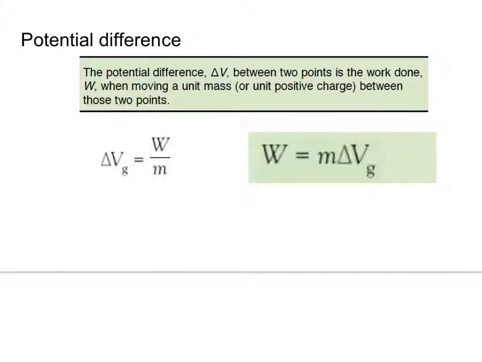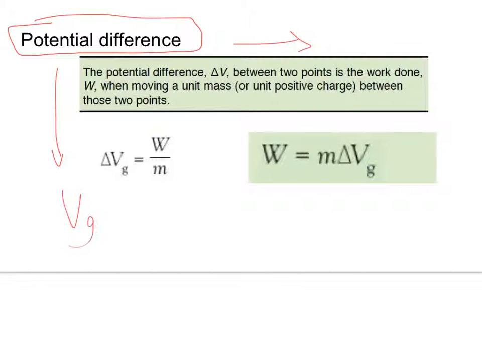Now, just as a little appendix, I'm going to talk about potential difference. You came across potential difference in electric current, and it's going to make a lot more sense to you when we cover the next section, which is electric fields. But now you know what potential, Vg, is, you can appreciate what potential difference is. The potential difference between 2 points is the work done when moving a unit mass between those 2 points.